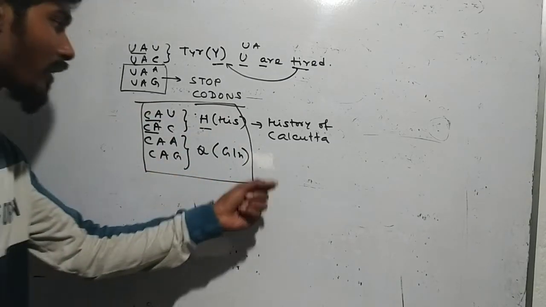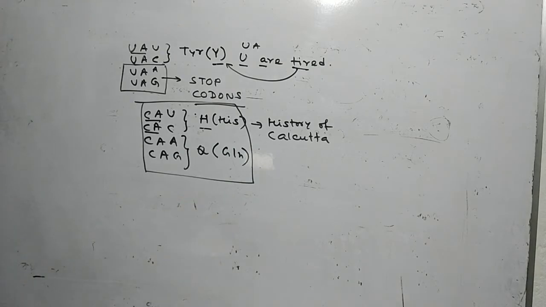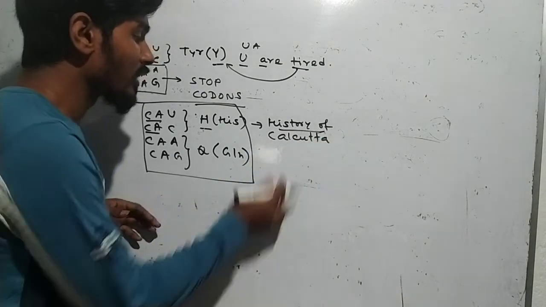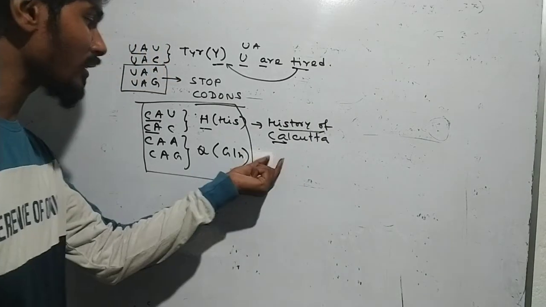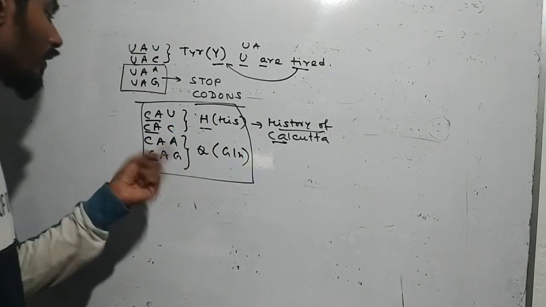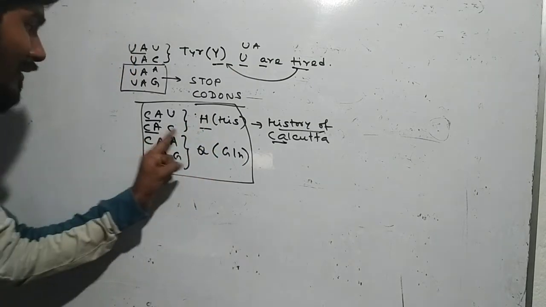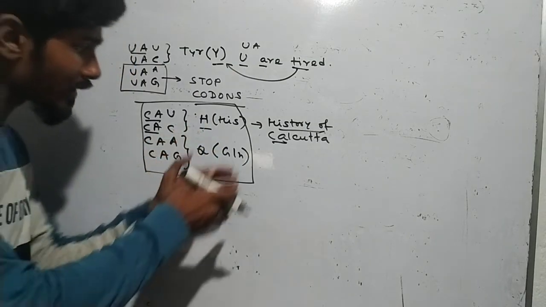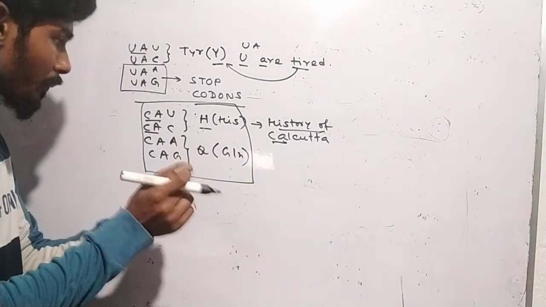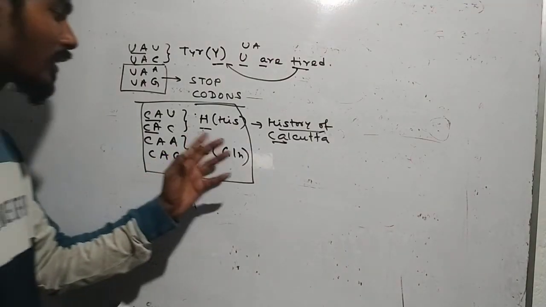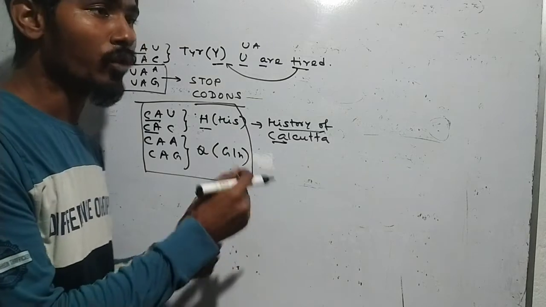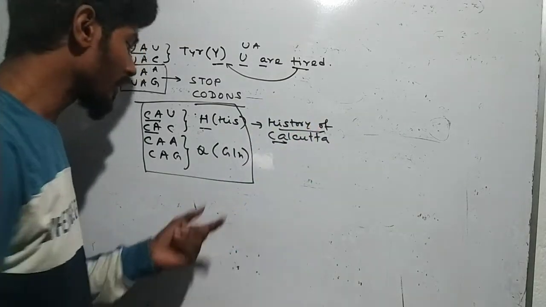So if you want to find the histidine, how can you find it? You just go to this trick, history of Calcutta. So Calcutta means CA. So CA, the first two codons as usual will be CAU and CAC. The second pair of codons will be CAA and CAG, and this is actually for the word quality, that is Q, that is glutamine.